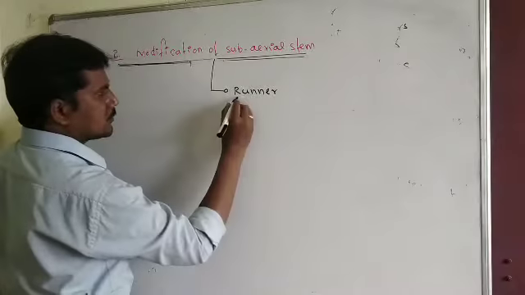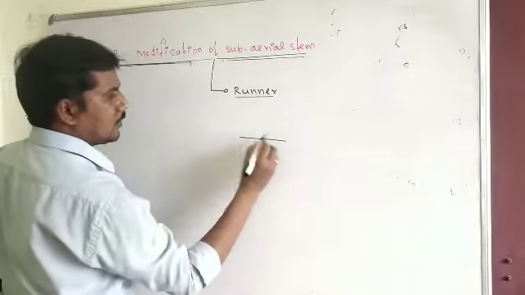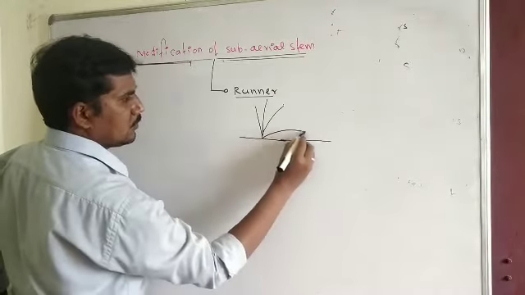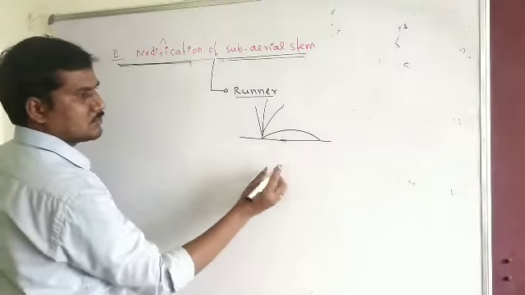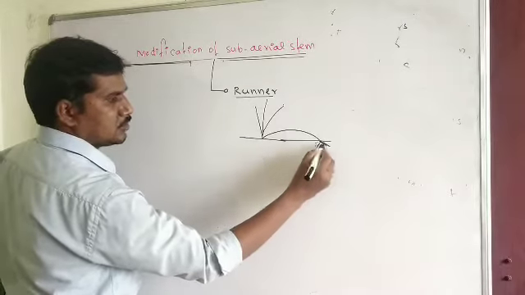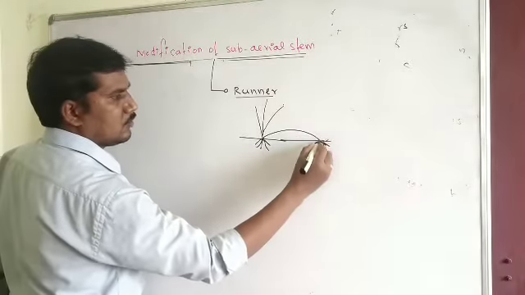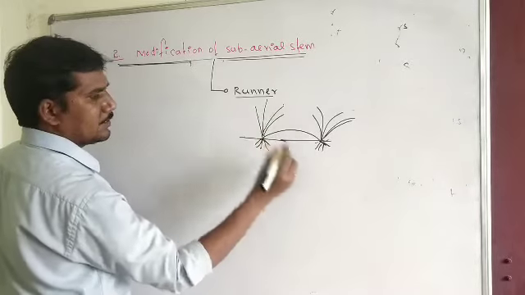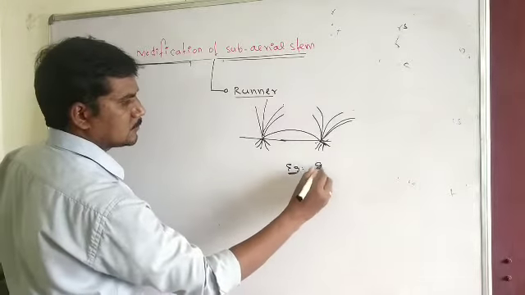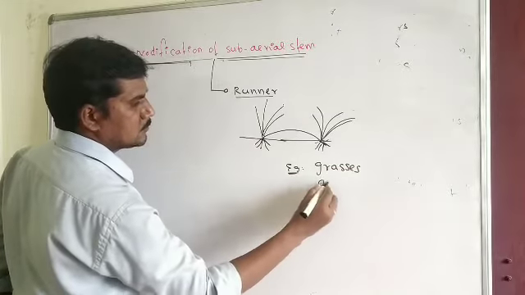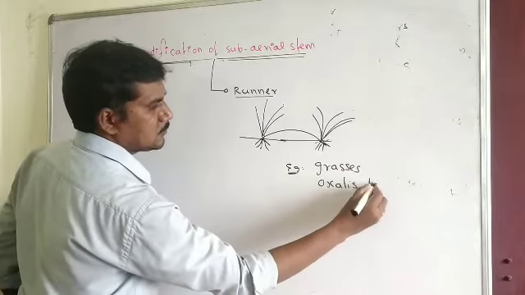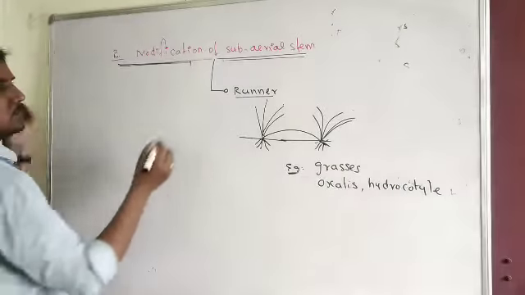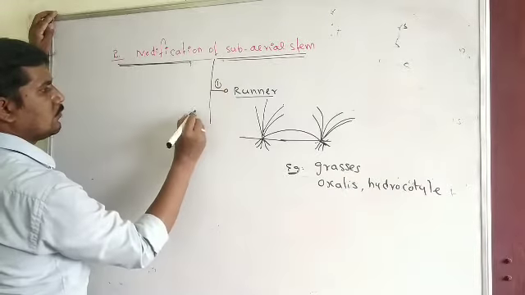When you come to the runners, the stem grows horizontally on the surface of the soil, and they touch the soil and form new plants, called runners. Examples for the runners: grasses, oxalis, hydrocotyle.